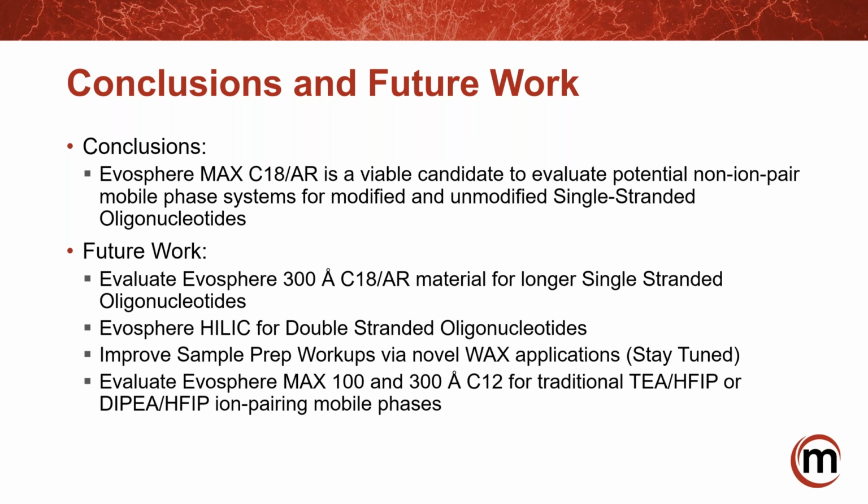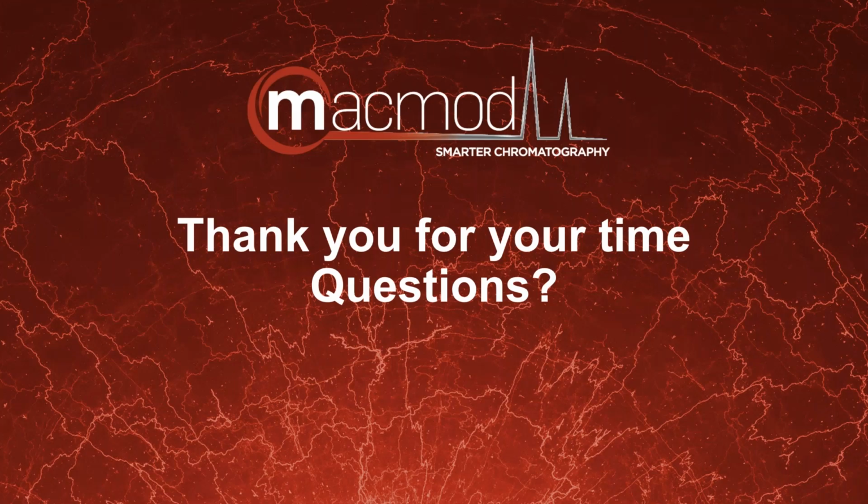Right now we've been testing the C12, so you get all the benefits of the Evosphere. It's available in the MAX hardware. For your traditional ion pair, the C12 is pH stable from 1 to 11.5 because of the optimized bonding density. So with that, I think we're really positioned well to solve some of these future problems of oligonucleotides, and happy to take any questions that you have.